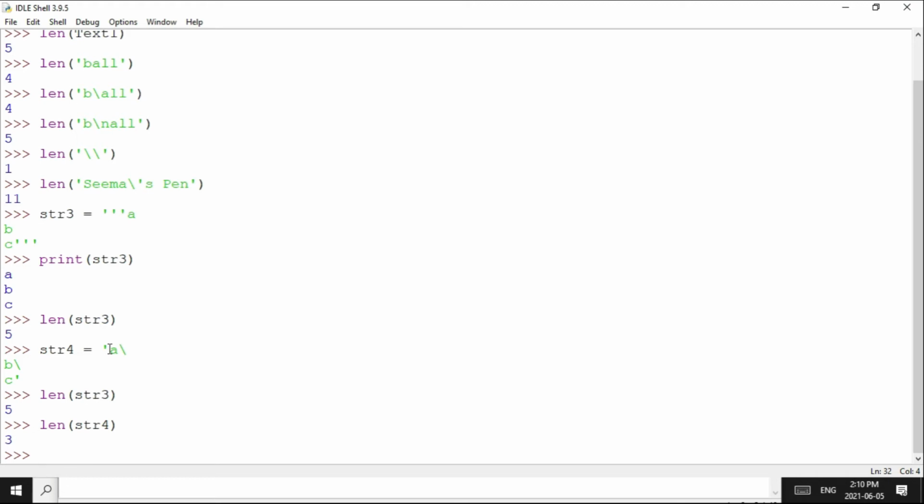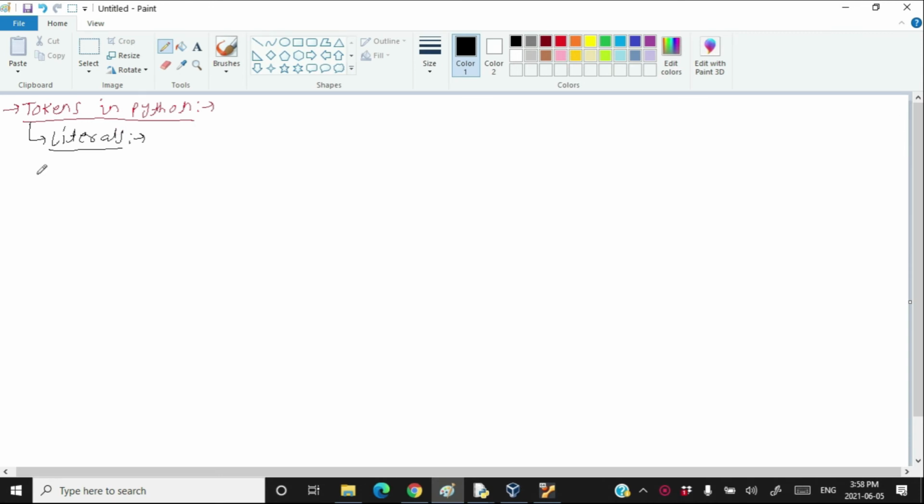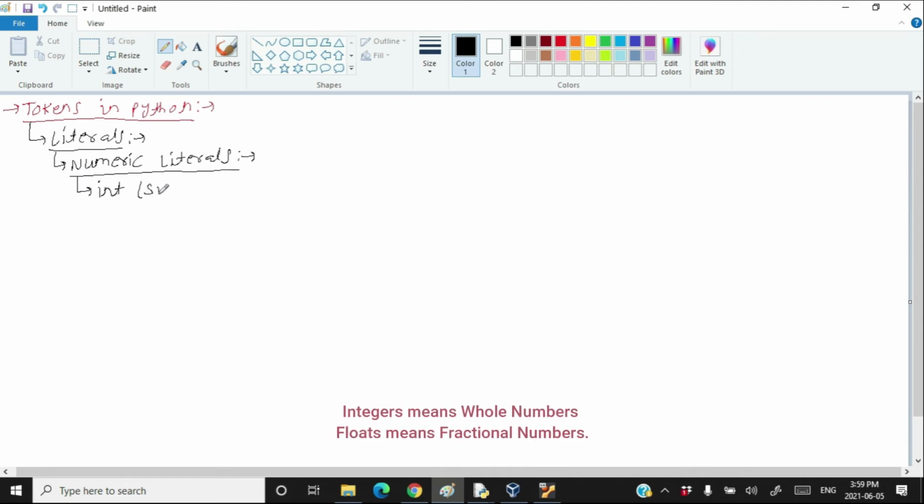So this was the string literal in Python. Now let's see numeric literals in Python. The other literal used in Python is the numeric literal. As you can see by the name, numeric literals are used to represent numbers in Python. There are 3 types of numeric literals available in Python. The first one is called int, signed integers. Signed integer means integers which have both positive and negative values.